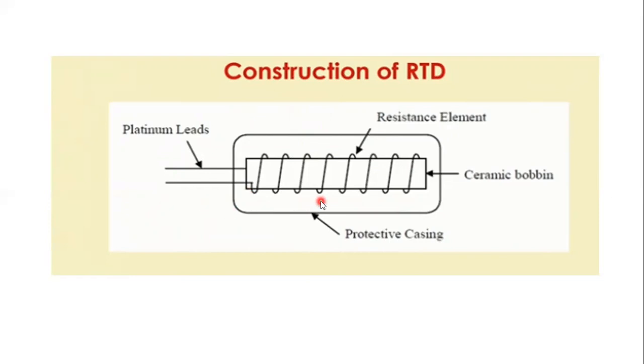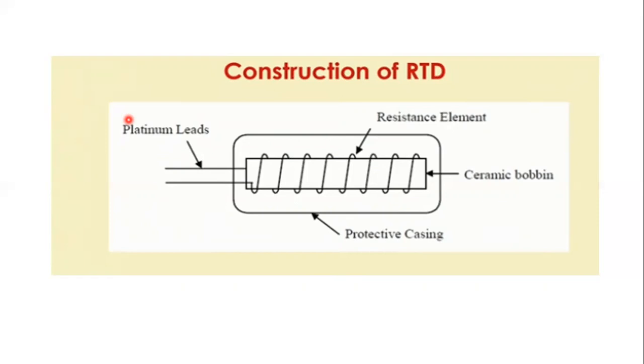So we know that commonly we use platinum because there are some advantages for using platinum wires. Platinum has high temperature resistance characteristics, a wide range of temperature resistance characteristics, and it has high resistance to chemical attack.